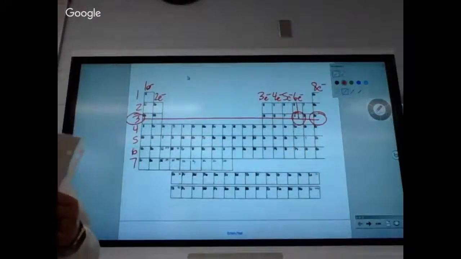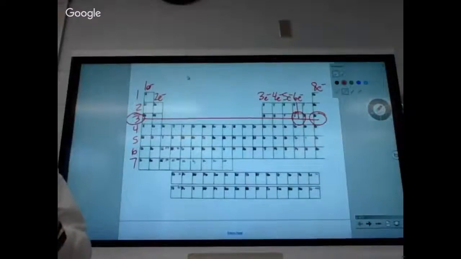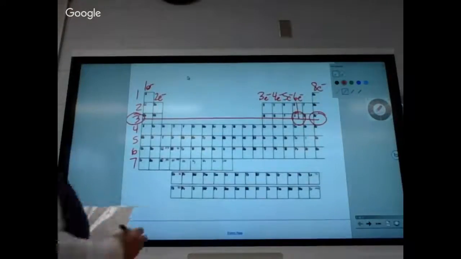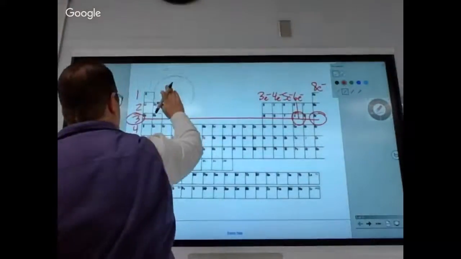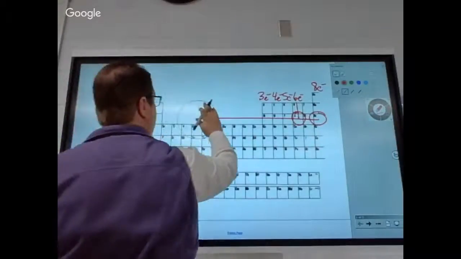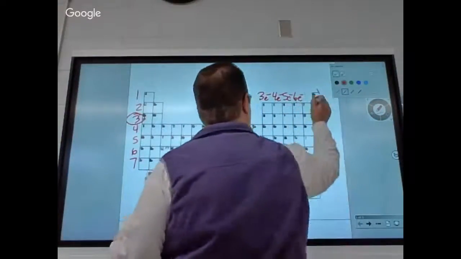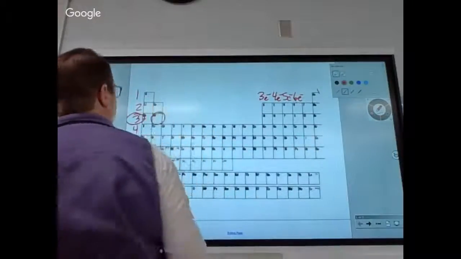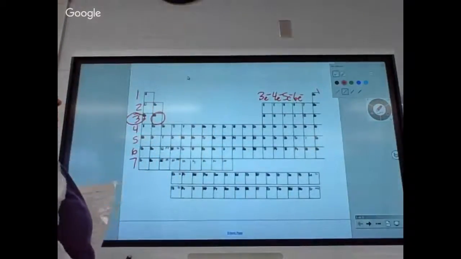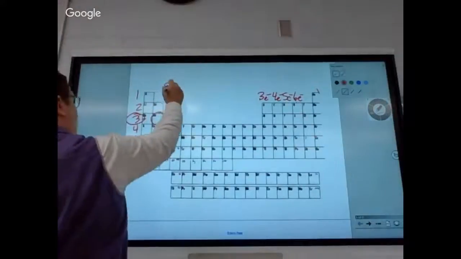All right. The outer energy level configuration for magnesium. Do I need to write the whole thing? Can I do shorthand? Yeah, let's do shorthand. I'm on the lazy side today. I'm on the lazy side most days. All right, so magnesium is here. So what noble gas is before magnesium? Neon. Okay, so Ne in brackets.